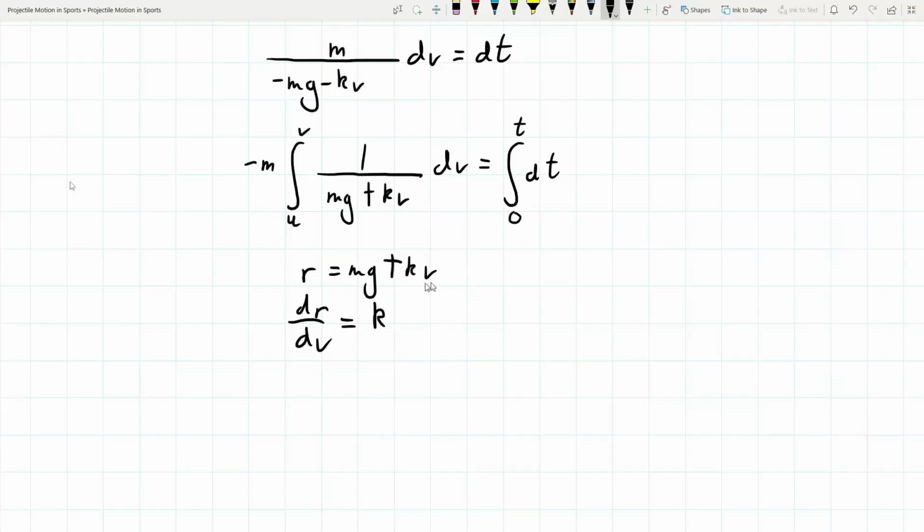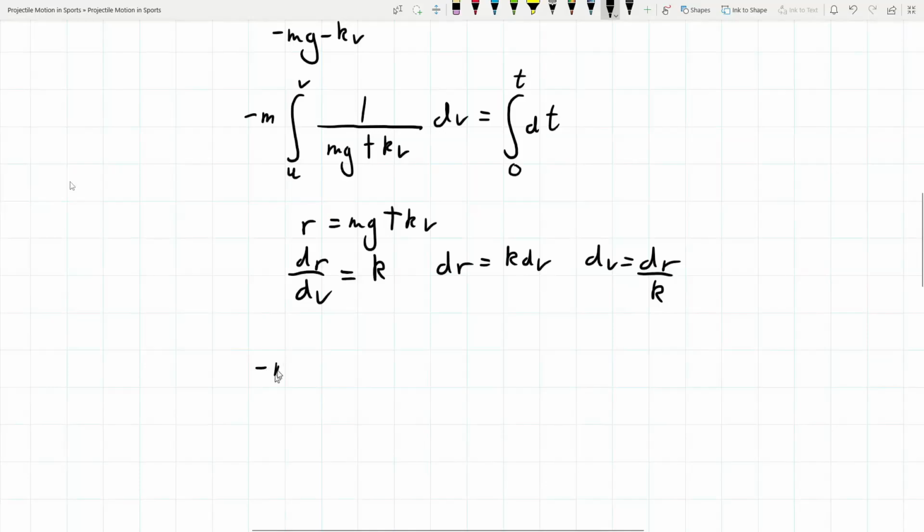Then we can multiply both sides by dv, getting dr equals k dv, which means dv is equal to dr divided by k. Now we can rewrite the integral as minus m times the integral of 1 over mg plus kv, which is just r, and then we can replace dv with dr divided by k, and since k is a constant, we can take it outside the integral and just write dr.